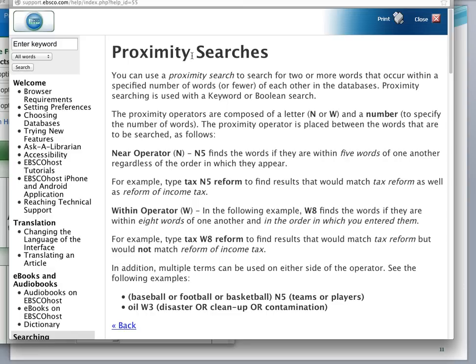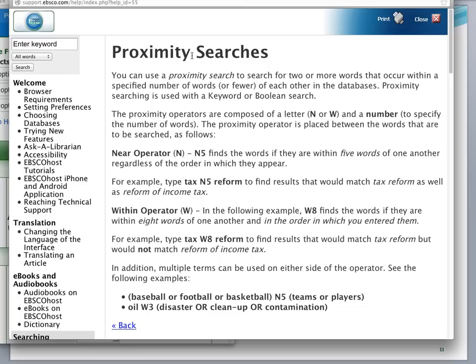And when we want to use proximity searches, they are very efficient too. You can use a proximity search to search for two or more words that occur within a specific number of words or fewer of each other in the database. Proximity searching is used with a keyword or Boolean search.